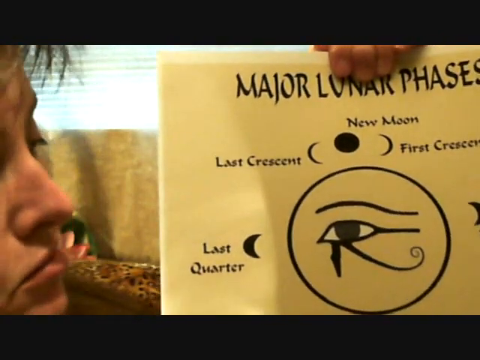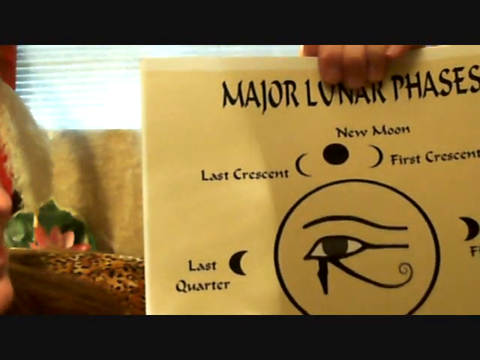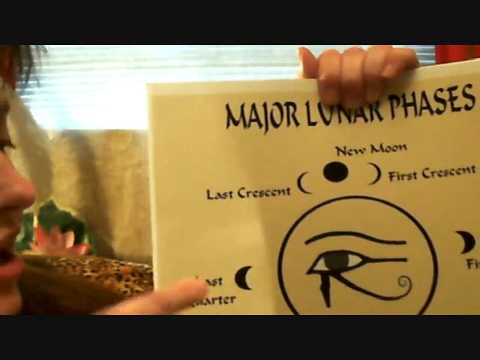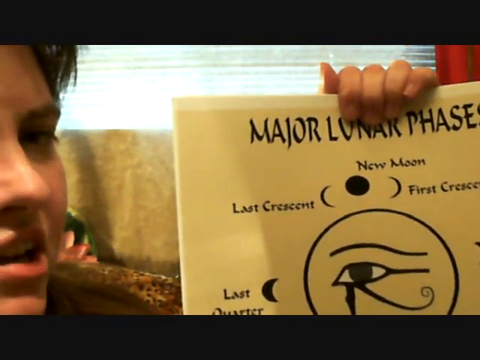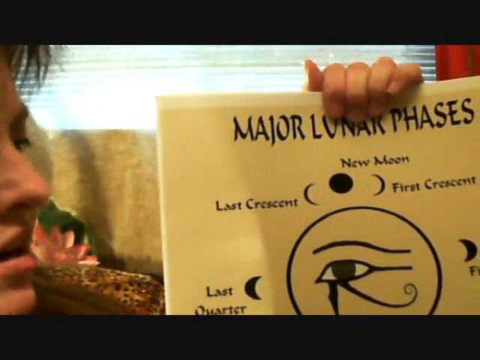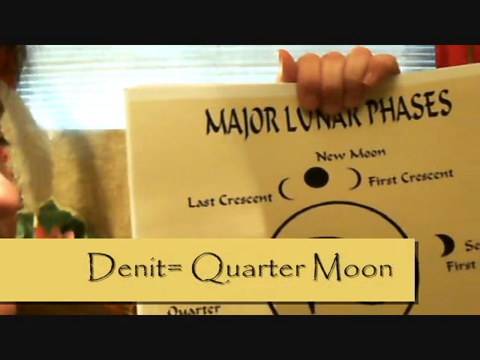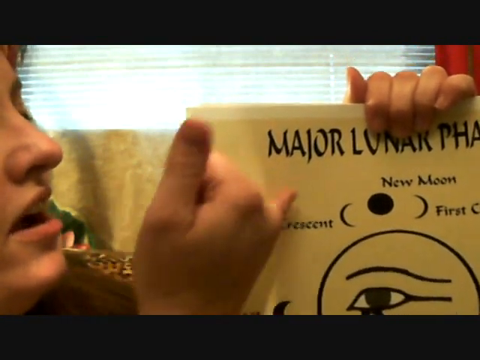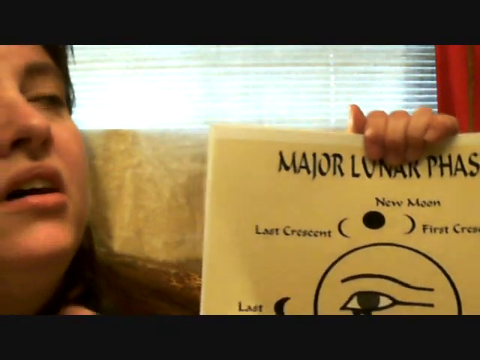They're talking about the full moon. Then the cycle starts back and you have the waning moon and last quarter. An interesting thing is you have two days that are referred to as Denit, and they happen to be at the first and the last quarter. Then you have the last visible crescent before new moon.